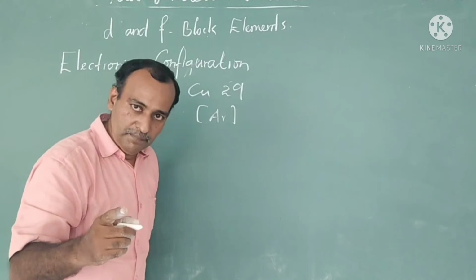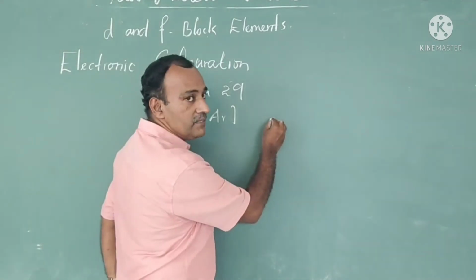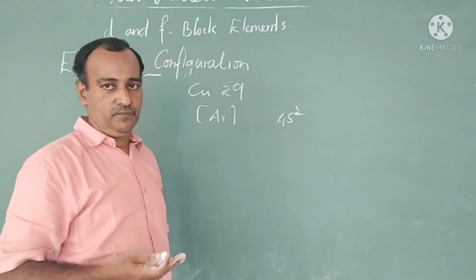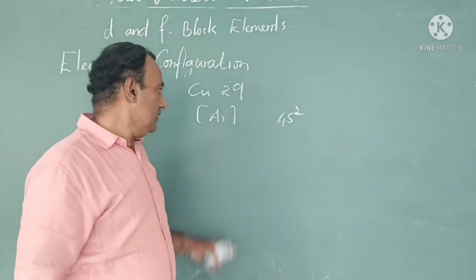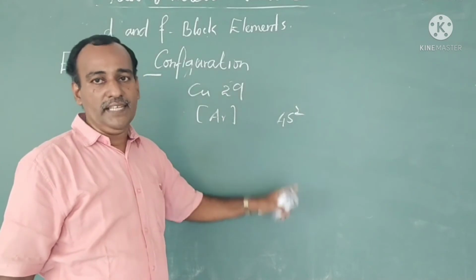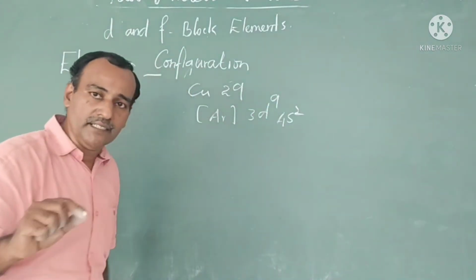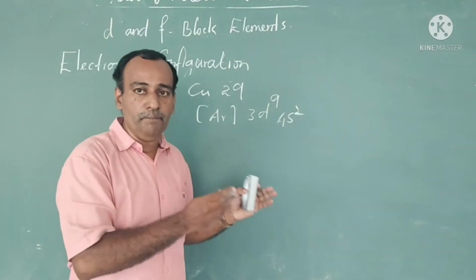After the 3p orbital, the 4s orbital completes, that is 4s2. 20 electrons are over. Copper's atomic number is 29, so 3d9. This is the theoretical electronic configuration of copper.